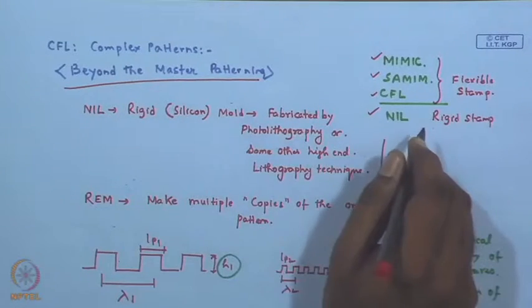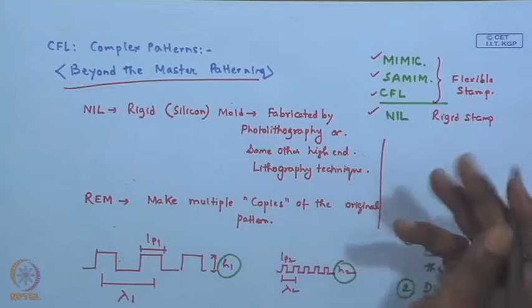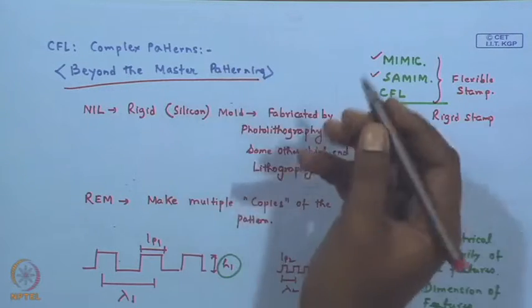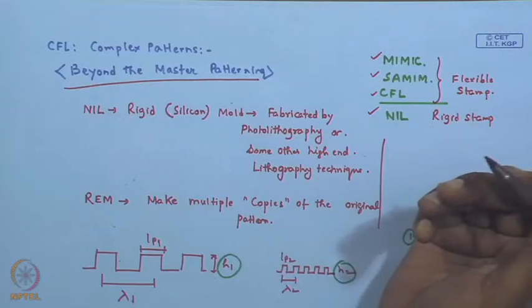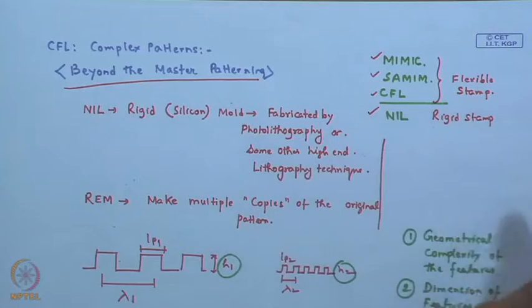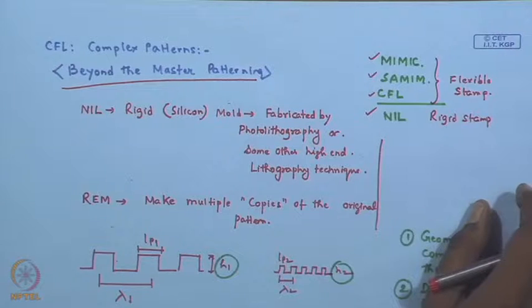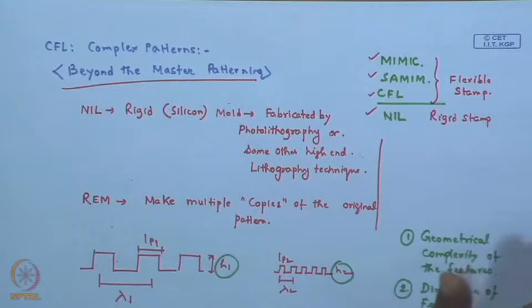Therefore, there has been significant research, particularly in soft lithography, in what is known as beyond the master patterning. What it means is that you produce final structures which are not only a perfect negative replica of your stamp or master, but can be more complex patterns. Okay.